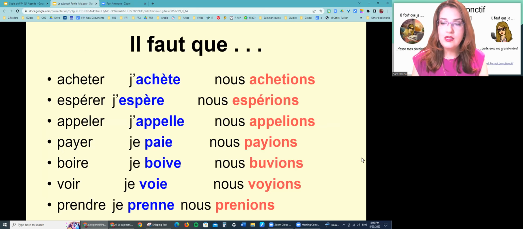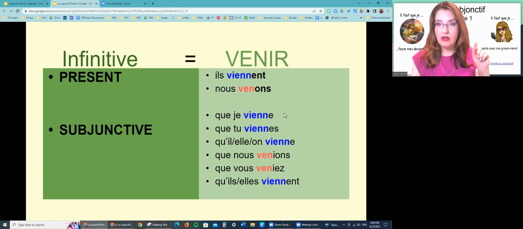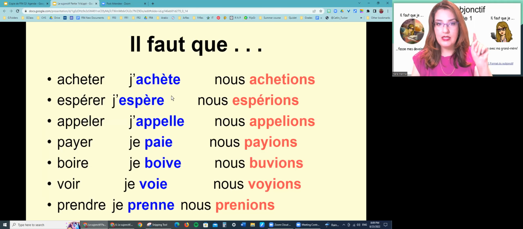Il faut que, here are some other verbs. Acheter, j'achète, nous achetions. Espérer, il faut que j'espère et il faut que nous espérions. Appeler, il faut que j'appelle et il faut que nous appelions. The same idea we saw in the previous slide is applied here.